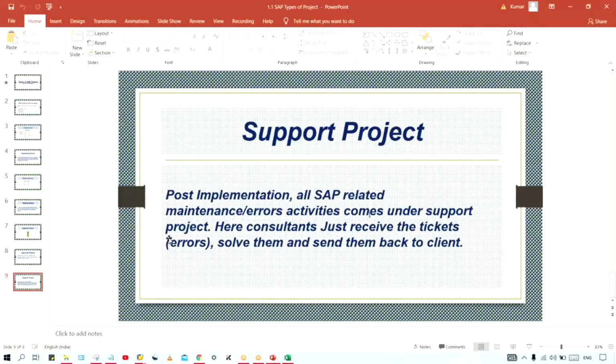Right now, theoretically, I have just given some small explanations so that you guys will be having some idea, right? And once I'm going to start the practical session, then 100% it is going to be cleared. So these are the 4 types of project, guys: implementations, rollout, upgrade, and support project.